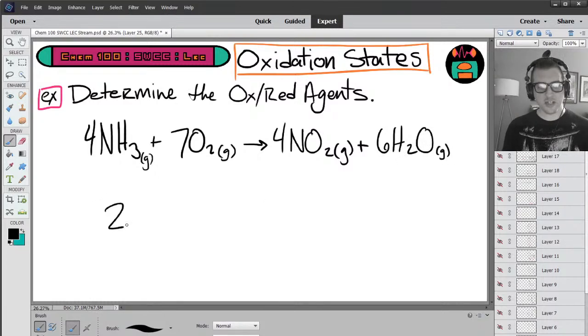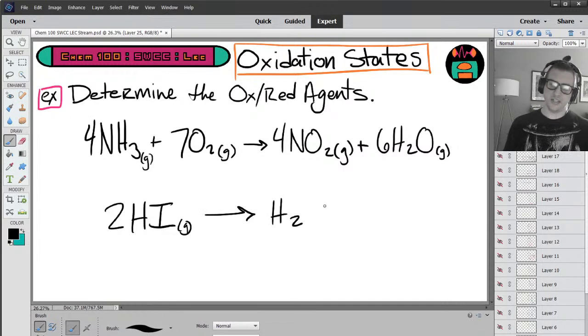And the second reaction is a decomposition reaction. The decomposition of HI to produce H2 and I2.